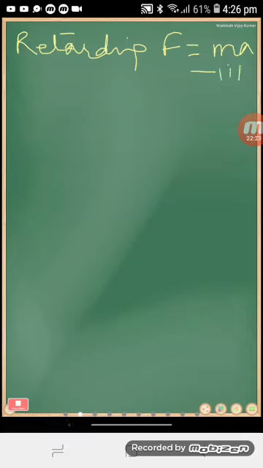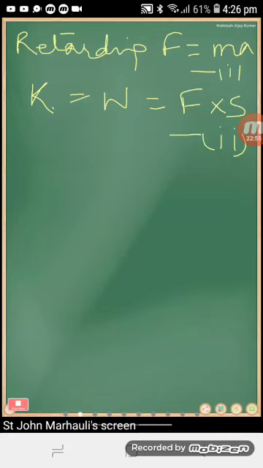Now the kinetic energy which we have to calculate will be equal to the work done by this retarding force before it stops, covering a distance s. Therefore the work done will be equal to F into s. Let this be the second equation.